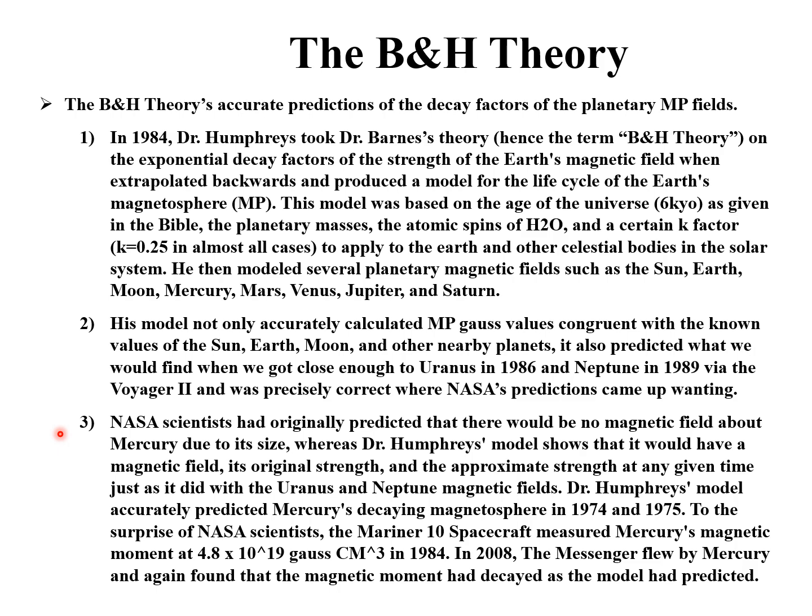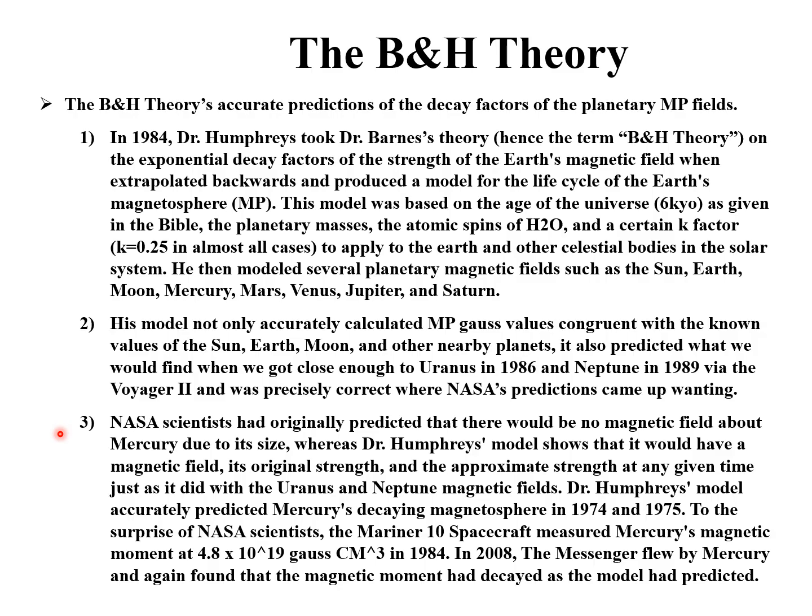Dr. Humphreys' model accurately predicted Mercury's decaying magnetosphere in 1974 and 75, to the surprise of NASA scientists. You know, they thought there wasn't going to be a field. To the surprise of NASA scientists, the Mariner 10 spacecraft measured Mercury's magnetic moment at 4.8 times 10 to the 27 Gauss.